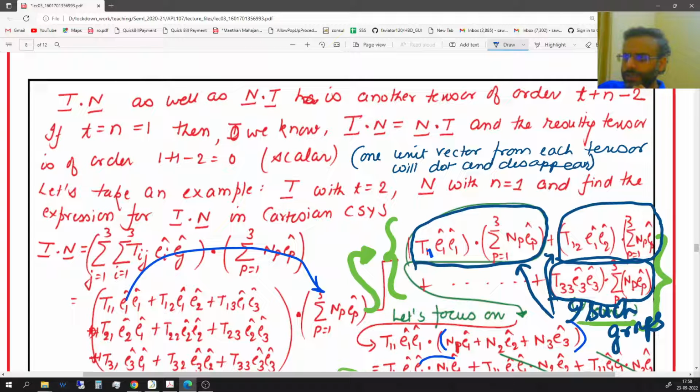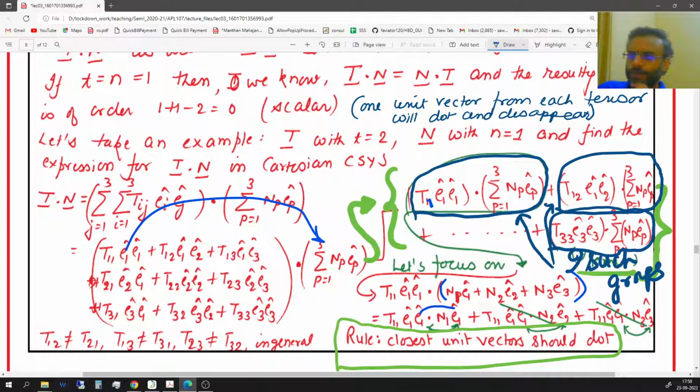Now, among these 9 terms, let's first focus on the very first one, which is T11 e1 e1 dotting with the n tensor. I will expand the n tensor also as n1 e1, n2 e2, and n3 e3. And then I am ready to actually perform the dot product. How is this operation going to be performed?